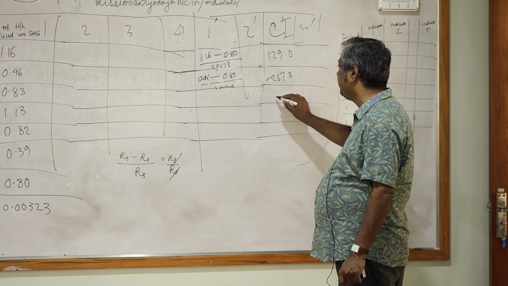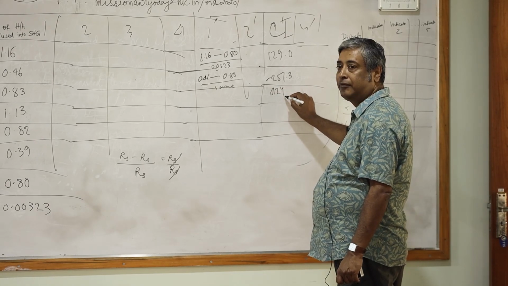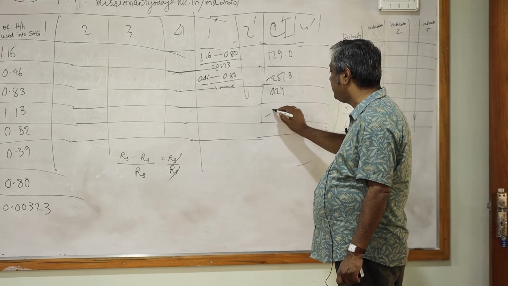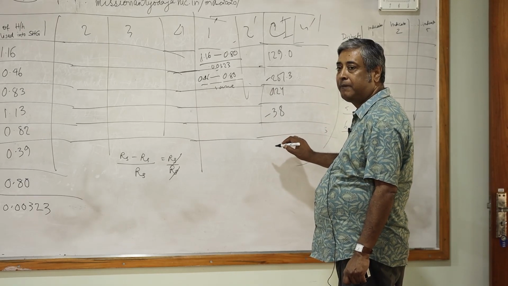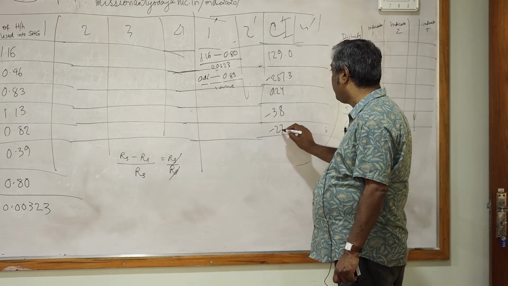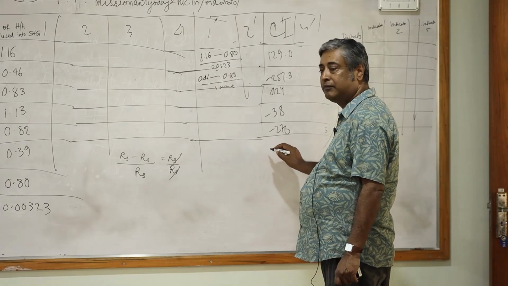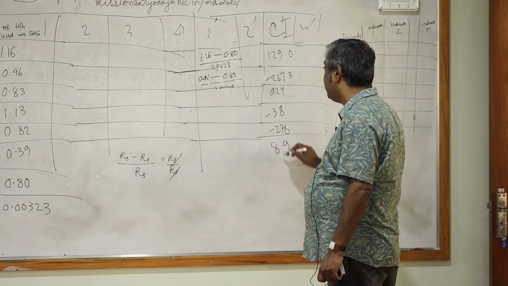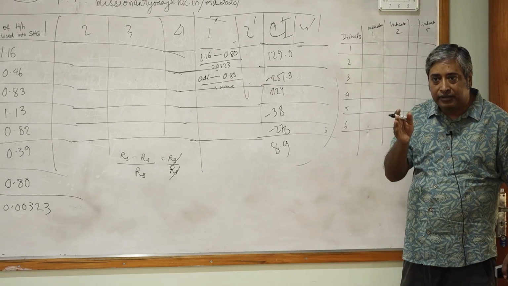Next. Minus. 1, 2, 3, 4. Oh, one more. Sorry. And 8.9. These are your composite index values for poverty alleviation.